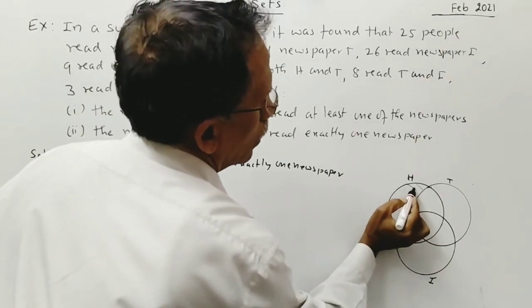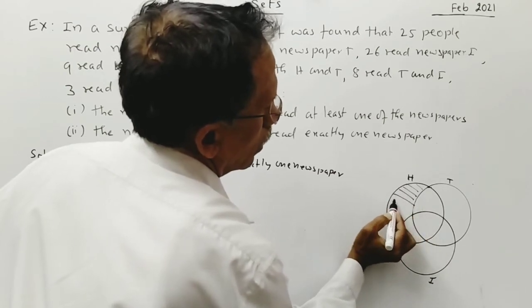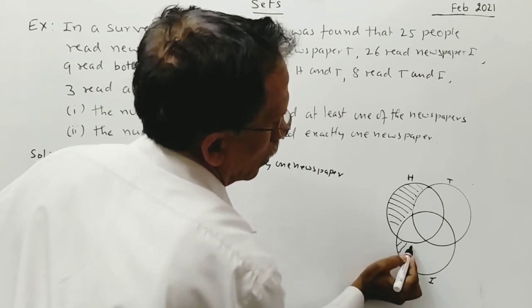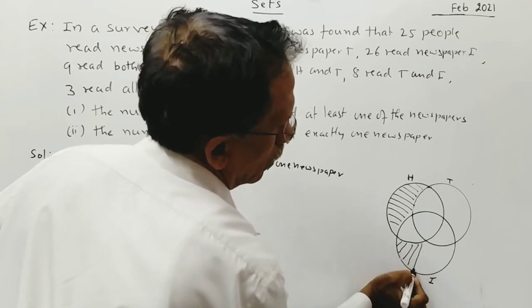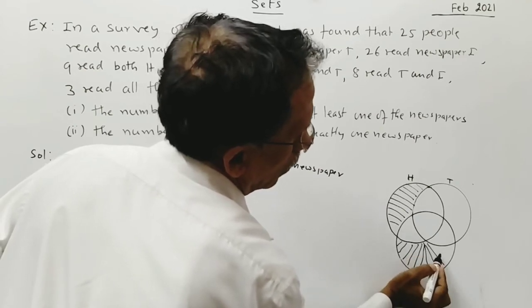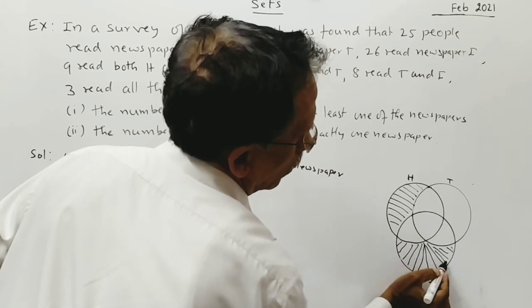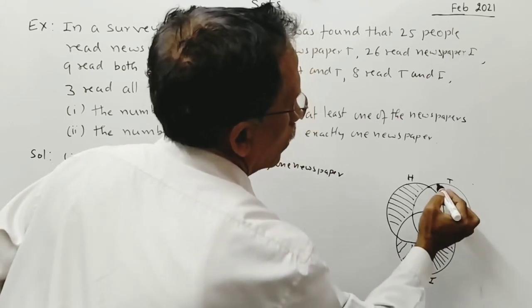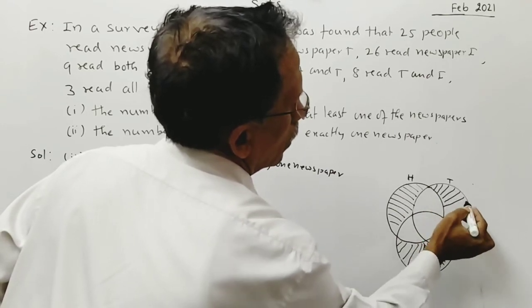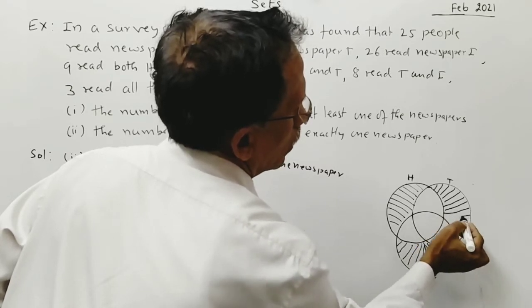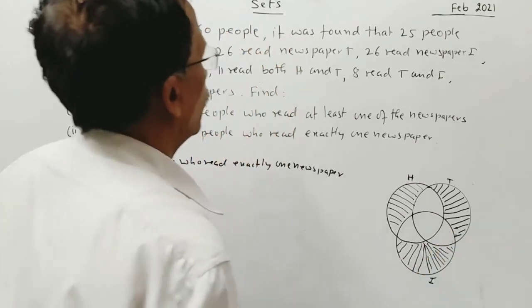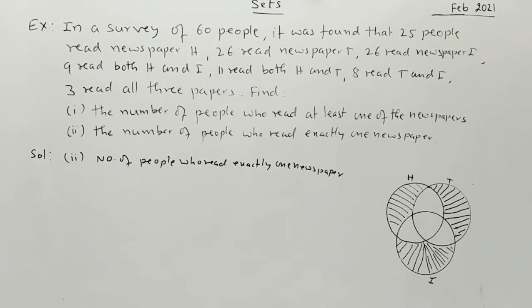In the figure, the shaded portion represents the number of people who read exactly one newspaper.